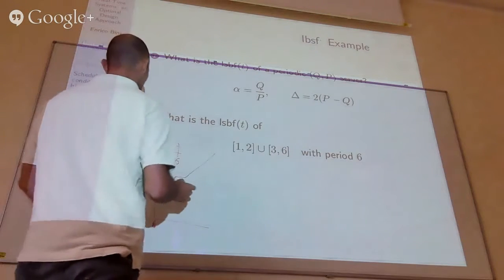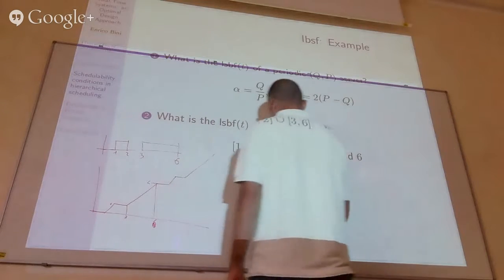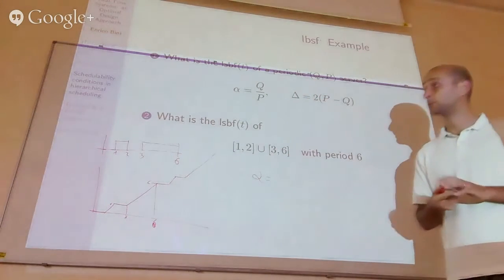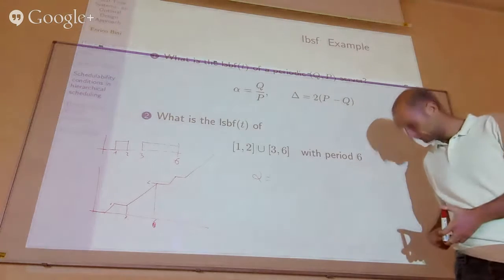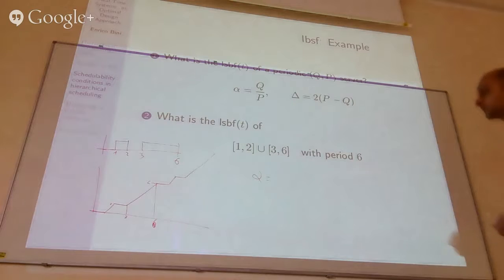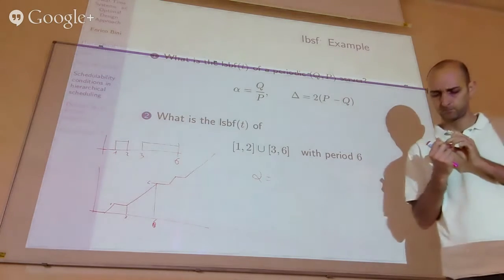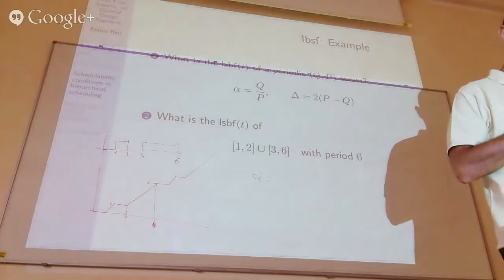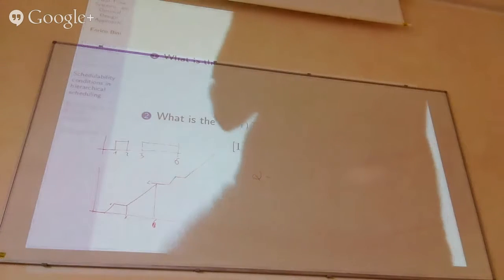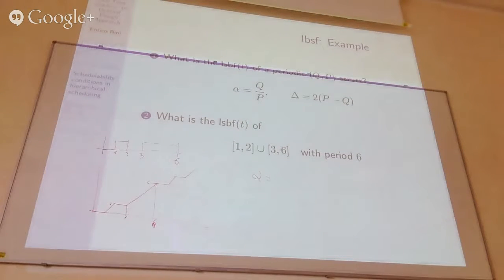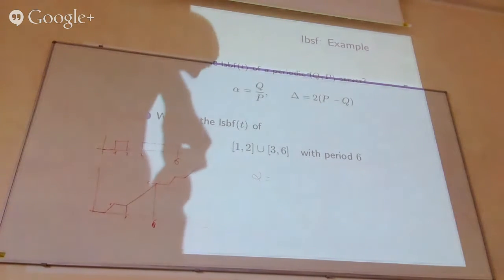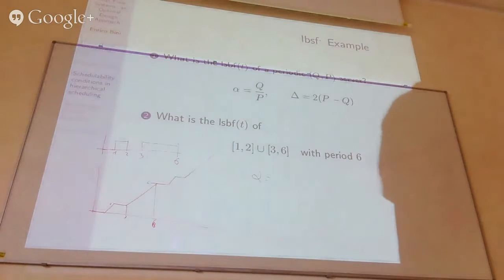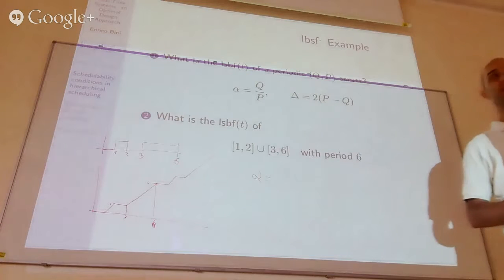Okay. So now, what is alpha? What is the bandwidth of this scheme? So what was the bandwidth?